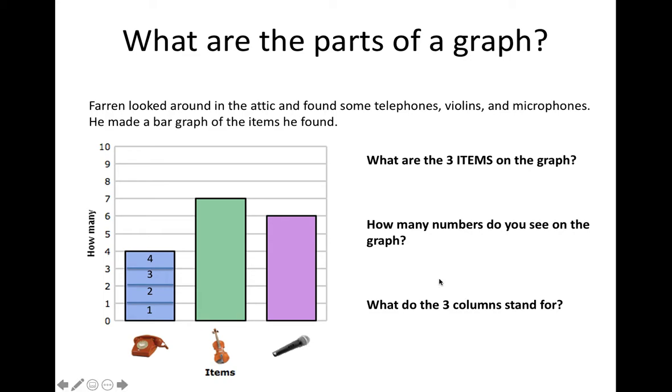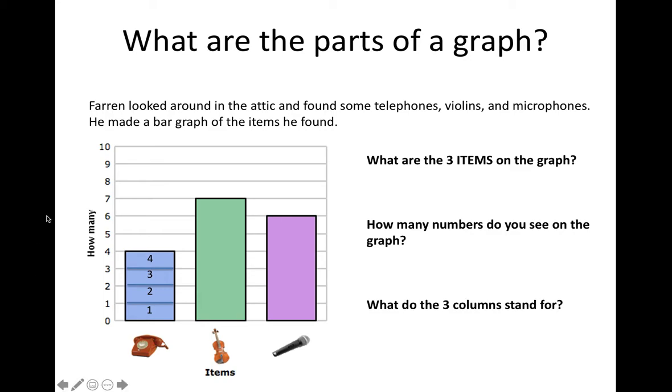Now, also, it says how many numbers do you see on the graph. We have how many to represent how many that he found in the attic. So this just went from 0 to 10. And then we have what do the three columns stand for, which would be the bars. What do these bars stand for? So what these three bars stand for is how many of each item was found in the attic.